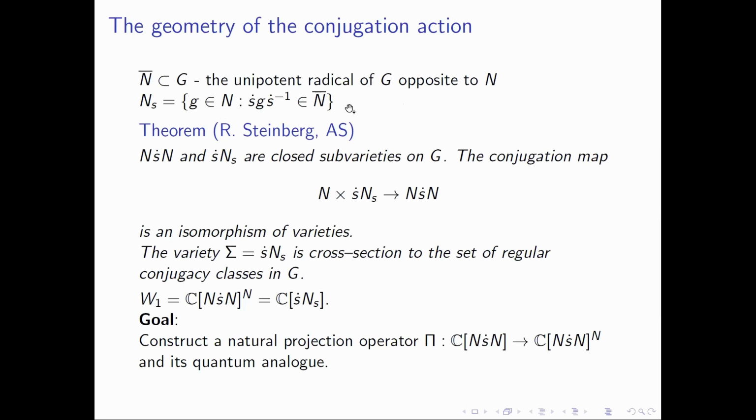It's, by the way, in this example, an abelian subgroup, the dimension of which is equal to the rank of G. So then the theorem says that the conjugation action of N on N s N is free, and moreover, one can explicitly describe a global cross-section for this conjugation action, which is in fact simply s-dot times N_s.